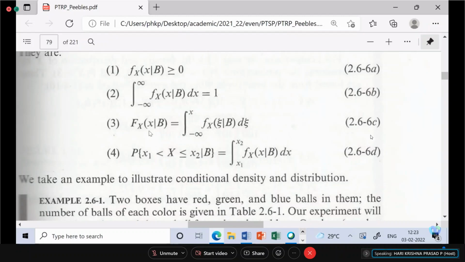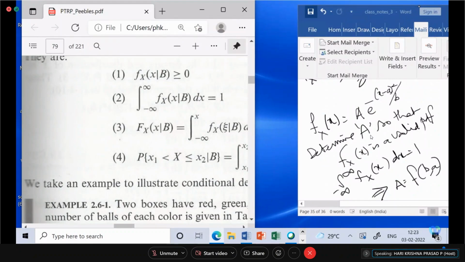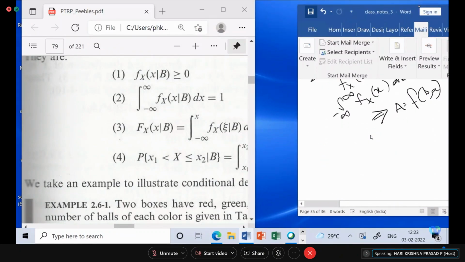Property 4 is, what is property 4? I want to find the probability of the random variable taking values in a range. Typically, we are given a Gaussian distribution function.